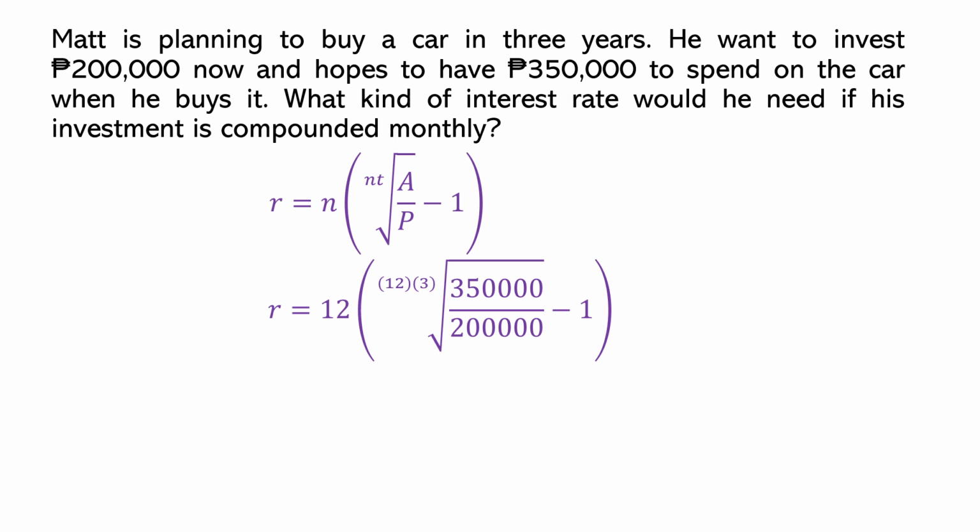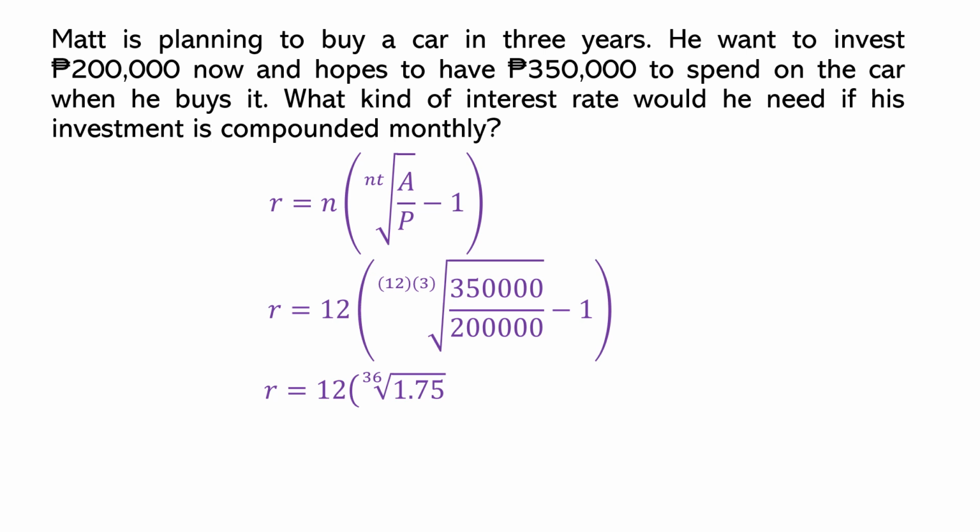All right, now let's compute the one inside the parentheses first. We have the index of the radical sign, which is 12 times 3. That's 36. So it's 36th root, like the fifth root, but in this case it's 36. It's the 36th root of 1.75.